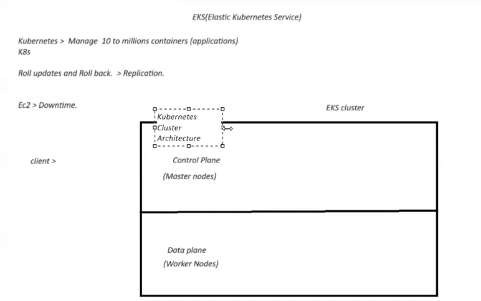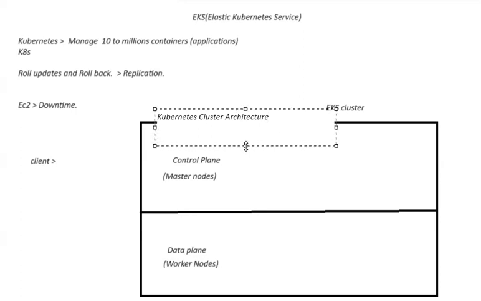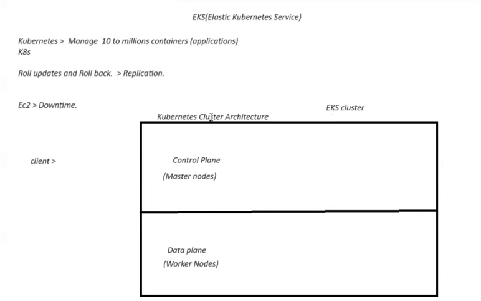The Kubernetes cluster contains two planes: the control plane, which contains master nodes, and the data plane, which contains worker nodes. These master nodes control the worker nodes and provide the response based on the request.